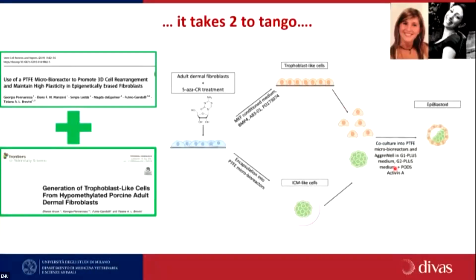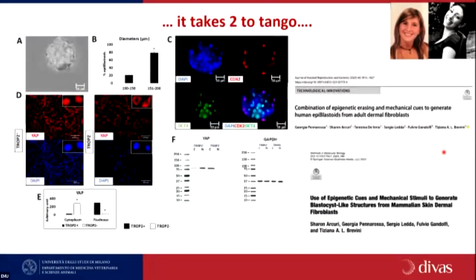And then we would put the two populations together and once again encapsulating them in an appropriate system, culture them in Agrewells, which are embryo-dedicated vessels, providing a stable concentration of a number of different factors, we would be able to create what we called epiblastoids. And this is what we get.